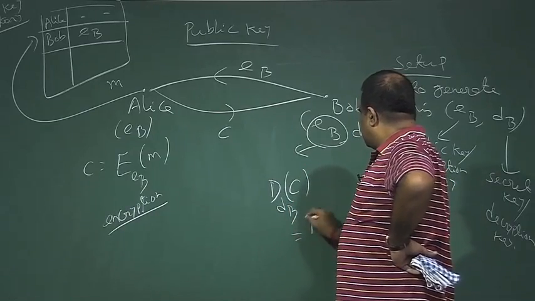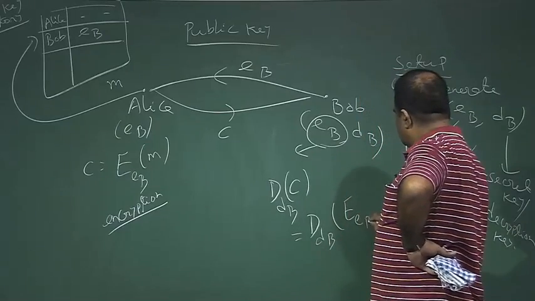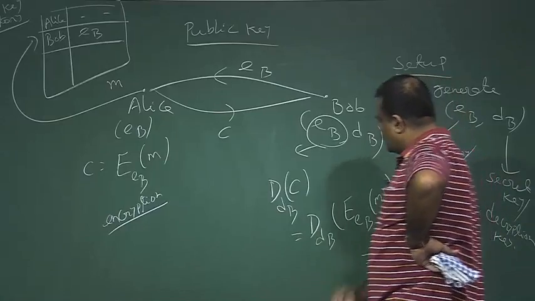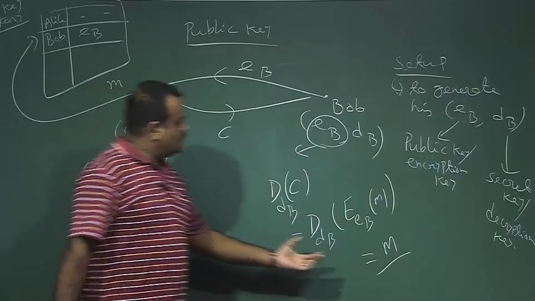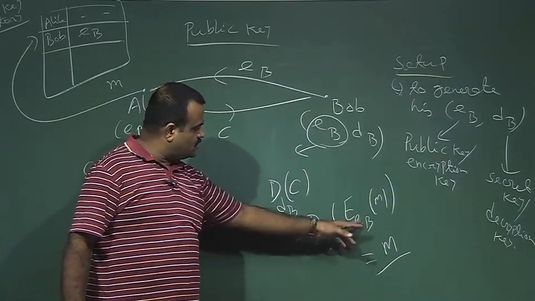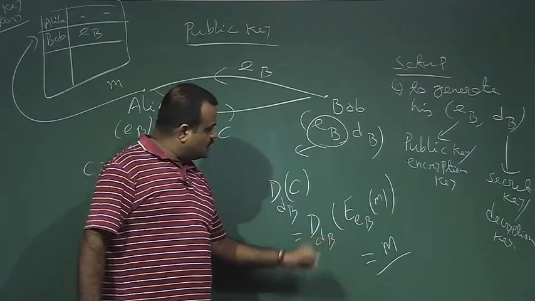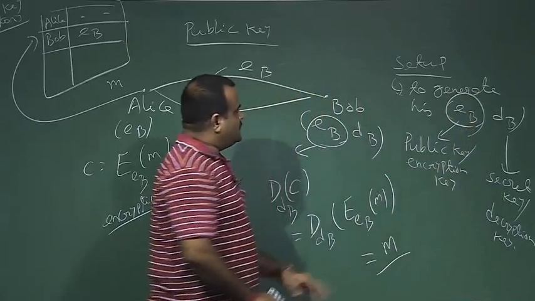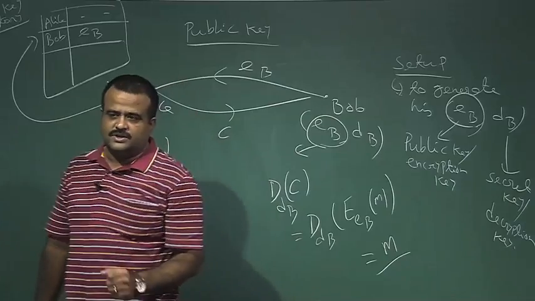This is D of DB, C, which is nothing but D of E of EB of M, and this should give us M. So, the keys should be chosen in such a way that they give us M, and because the public key is public, by seeing it one should not be able to guess the secret key.